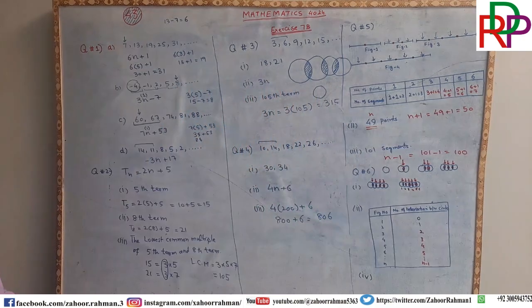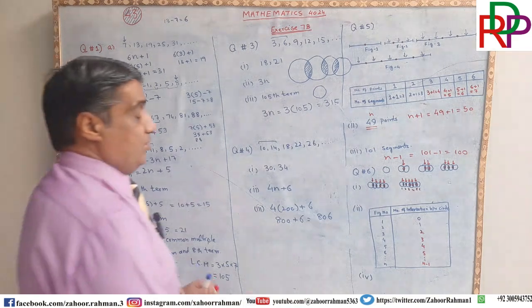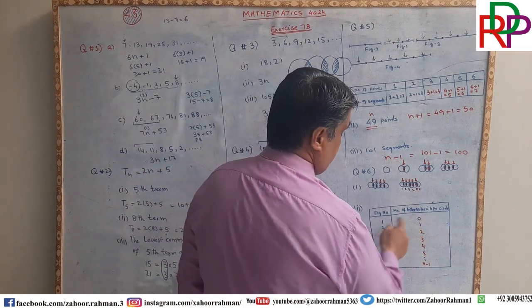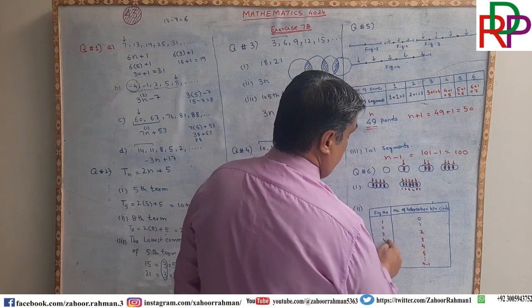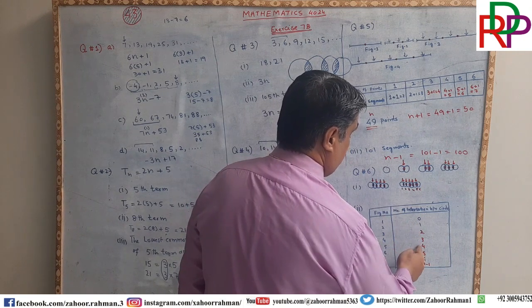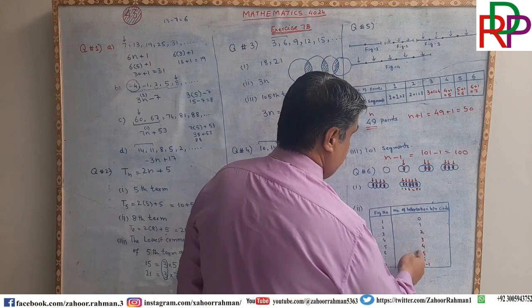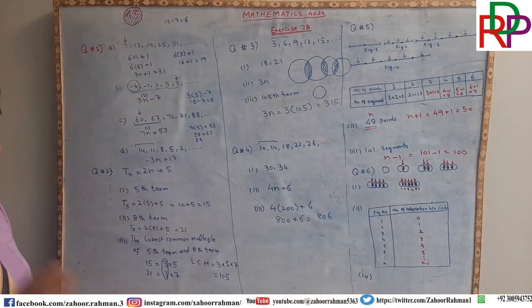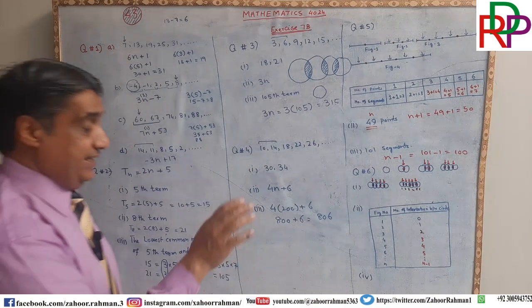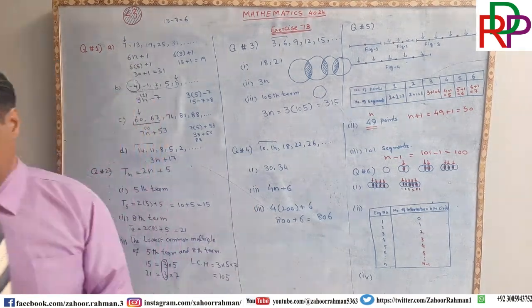The general term is n minus 1, because 1 minus 1 is 0, 2 minus 1 is 1, 3 minus 1 is 2, 4 minus 1 is 3, 5 minus 1 is 4, 6 minus 1 is 5, and n minus 1 will be the general term, keeping in mind the above sequence.